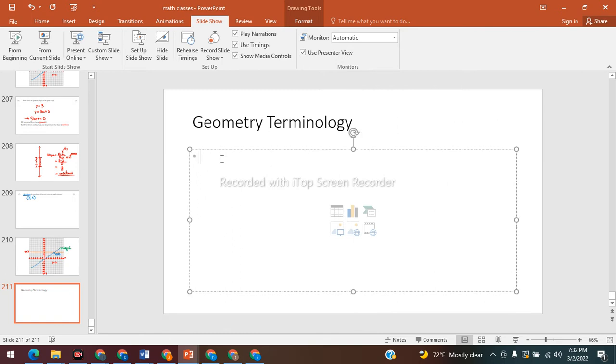If they say construct, they want you to use your compass and ruler. If they say draw, they want you to use your protractor and ruler. Okay, so it's important to know the difference between construct and draw.